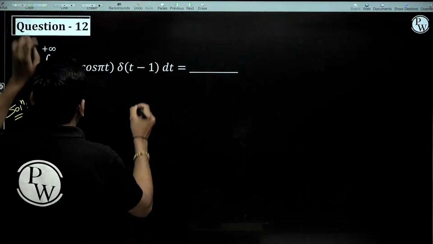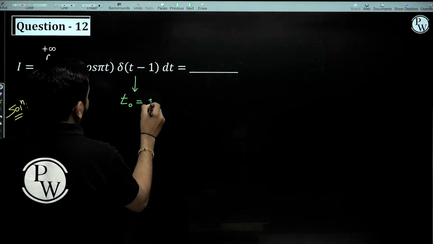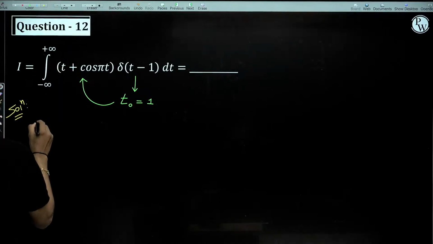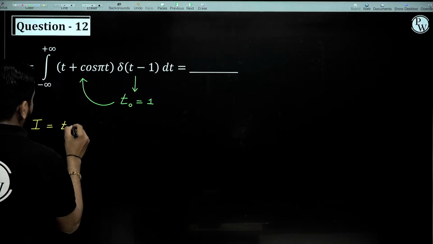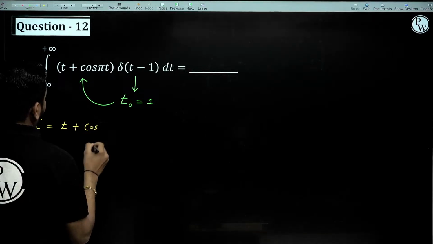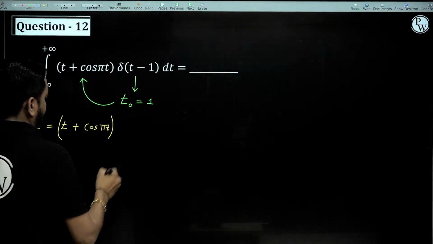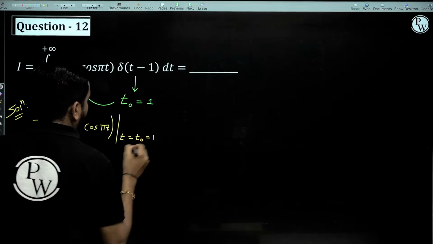So here T naught is equal to 1, guys, and you have to put T naught here. So I is equal to T plus cos pi t, and here T naught is equal to 1, guys.